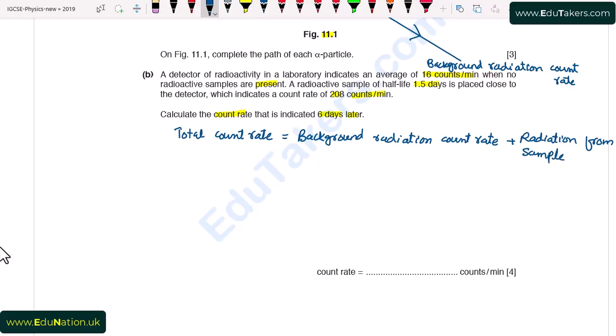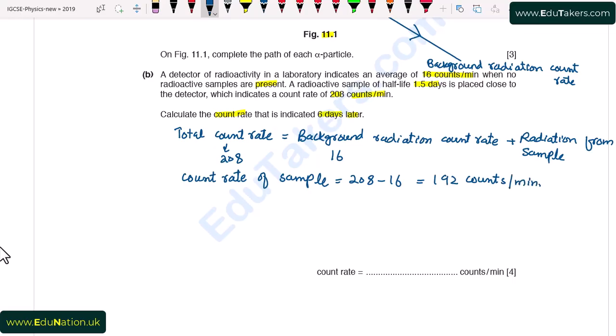So the total count rate is 208 and the background radiation count rate is 16 counts per minute. So the count rate of the sample at the start will be equal to 208 minus 16, which is equal to 192 counts per minute.